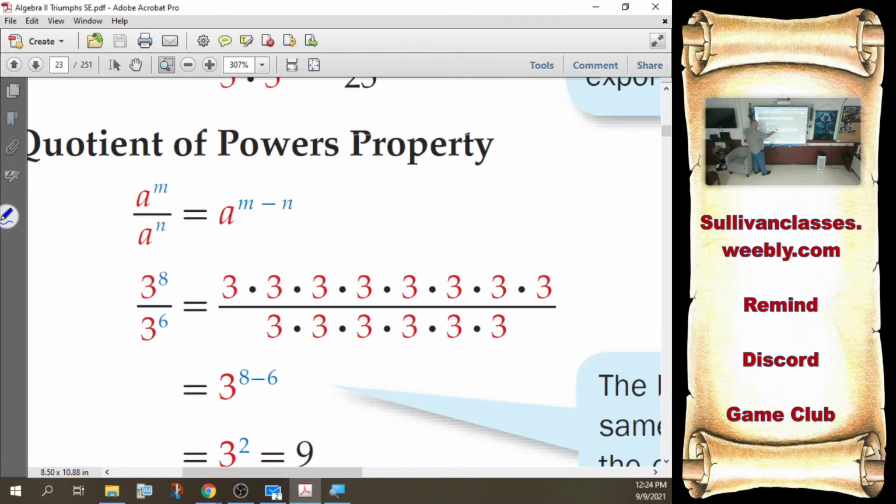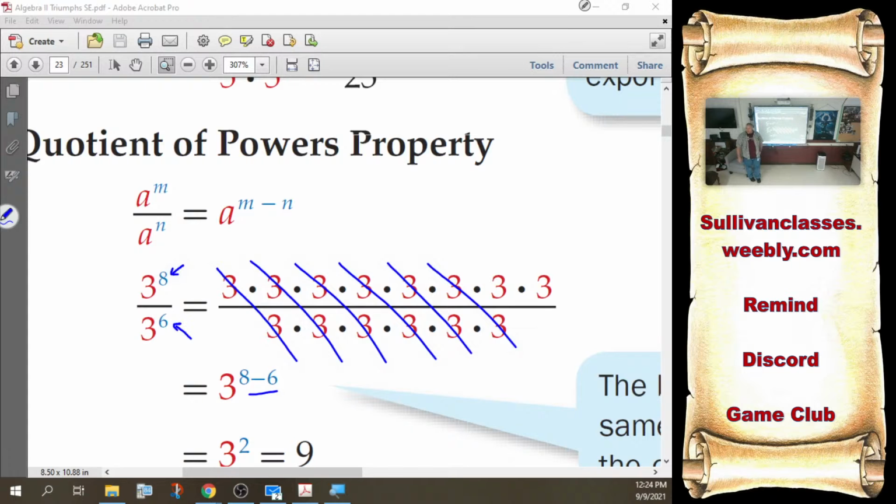So 3 over 3 is 1, is 1, is 1, is 1, is 1, is 1. What am I left with? A pair of 3s. Well, wait a second. This one was 2 bigger than this one. Couldn't I have just subtracted them? Save yourself the work. So that's going to be rule number 6.